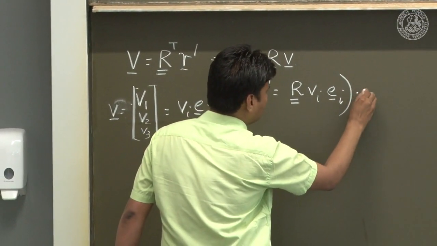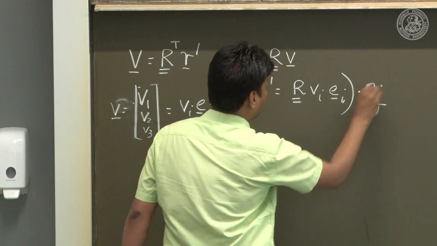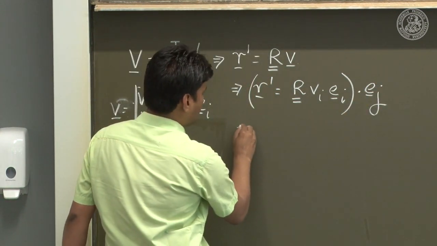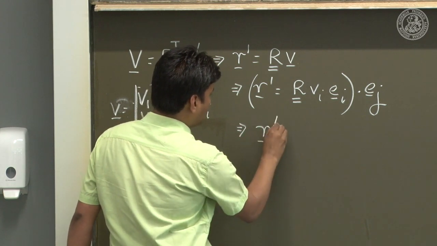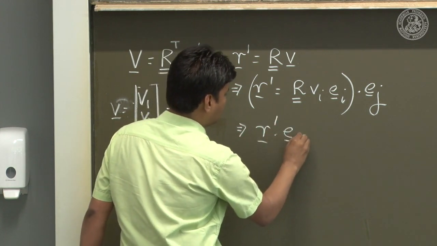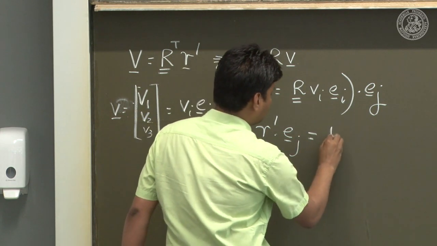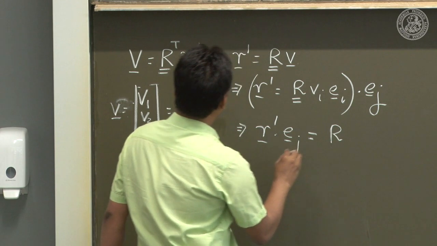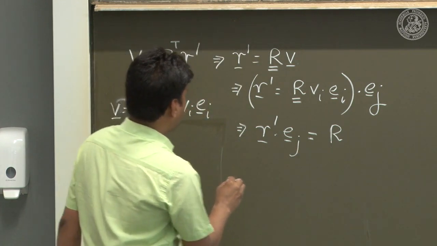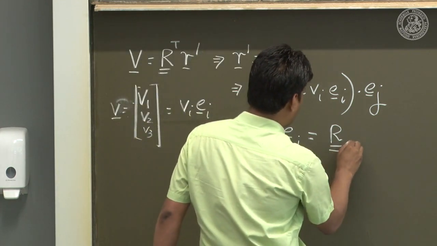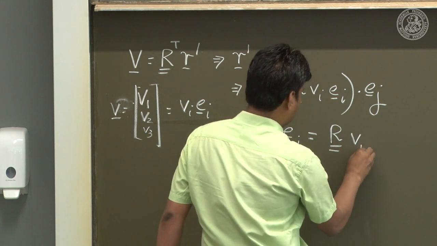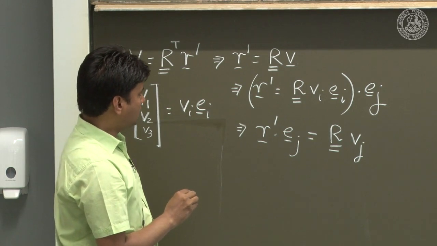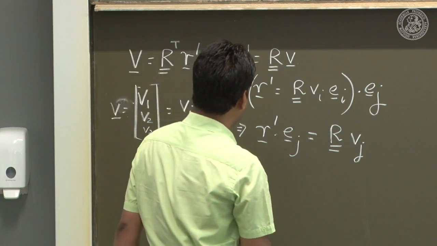Then you dot it with Ej on both the sides, and you get r prime dot Ej is equal to big R Vj. Is that correct? I think I missed out something.